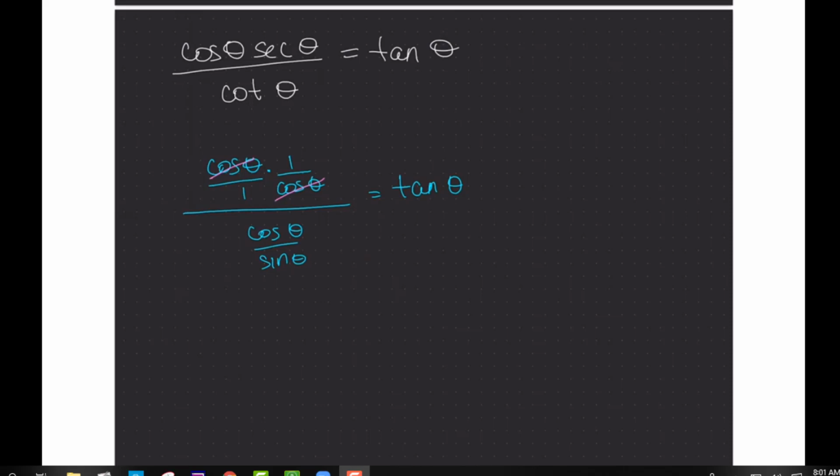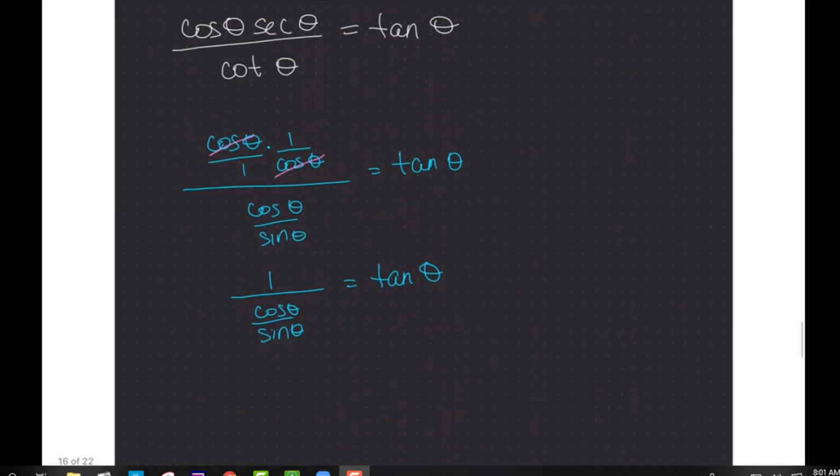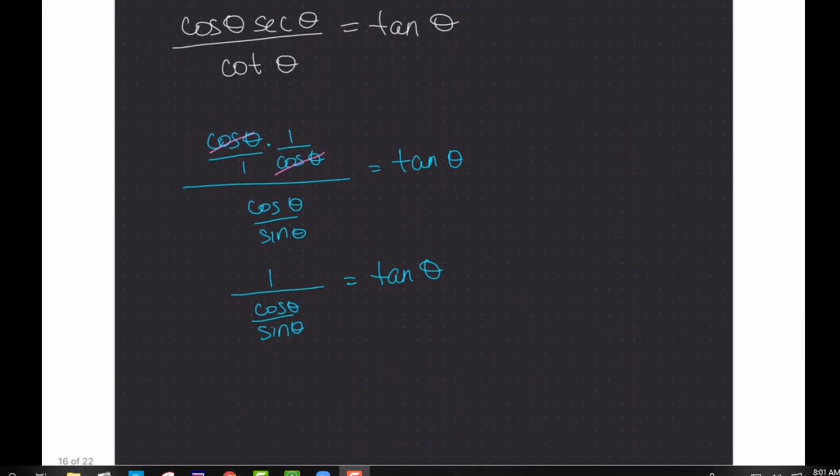Our numerator is now just going to be 1 all over cosine theta sine theta, right? And when we divide by a fraction, we multiply by the reciprocal. So you'd have 1 times sine theta over cosine theta, and hopefully that equals tan theta.